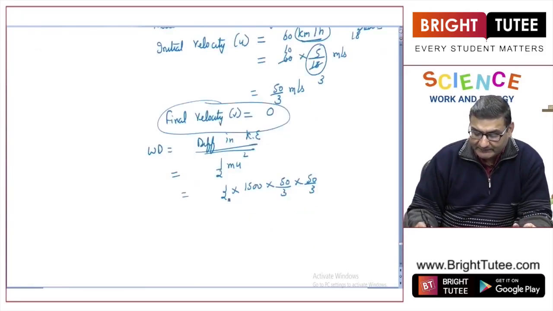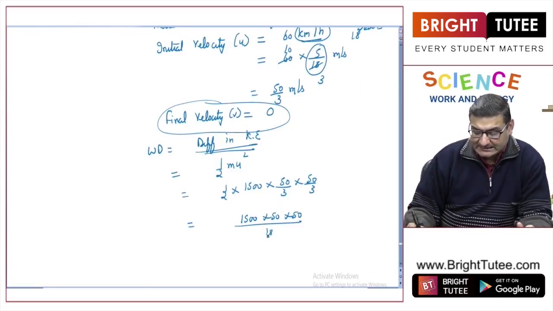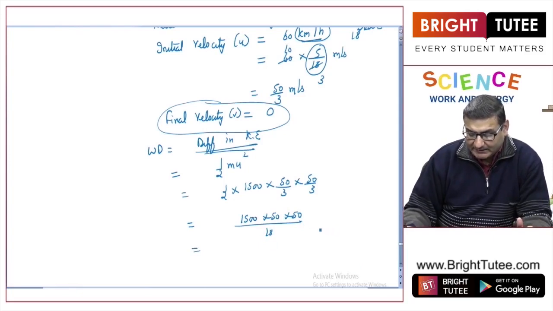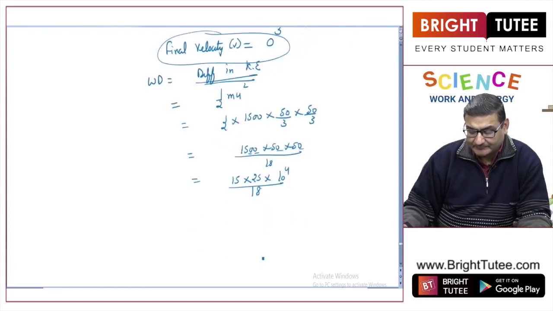Got it? So if I just calculate it, it will be 1500 into 50 into 50 divided by 18, right? Cancelling it out or simply multiplying, we can see that it comes out to be 15 into 5 into 5 into 10 to the power 4 divided by simply 18, right?